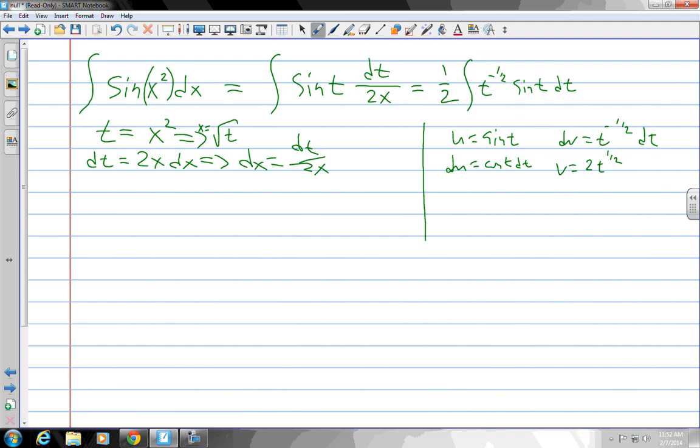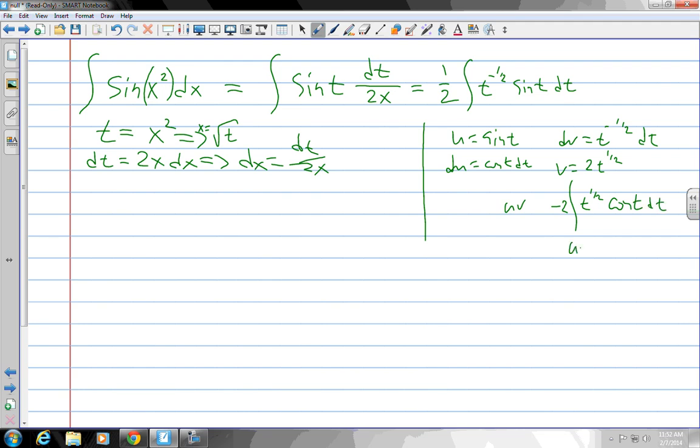Let me try something. The thing is, if they have the same coefficient, then it just doesn't work. They'll cancel each other. If we get a different coefficient, because this is going to be uv minus the integral of v, so that's 2 t to the 1/2 du cosine t dt, right?